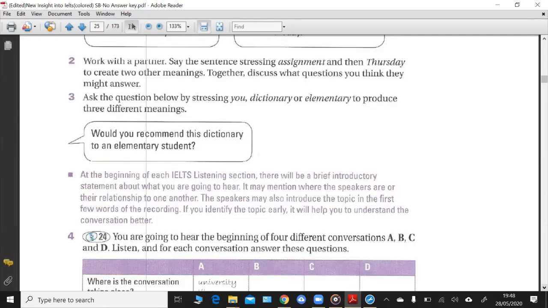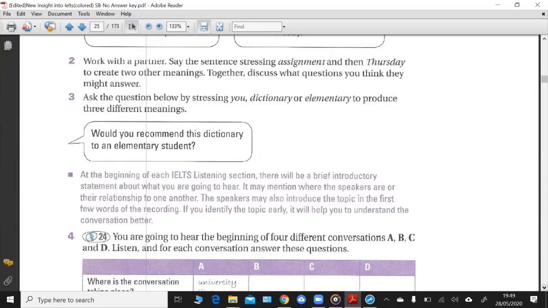Like we can put stress on would you, then on elementary students. Yeah, you can, for example, now when you say, would you recommend this dictionary to an elementary student? Now my stress is on you. I'm asking you.